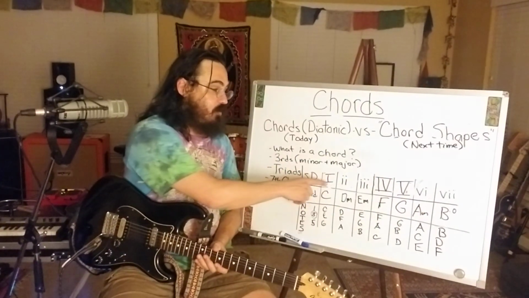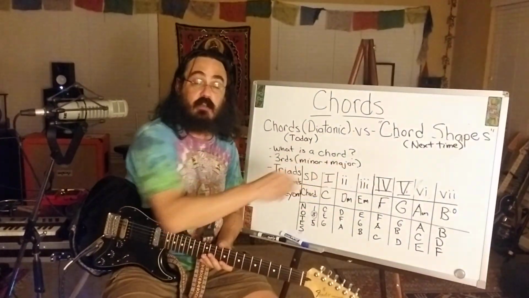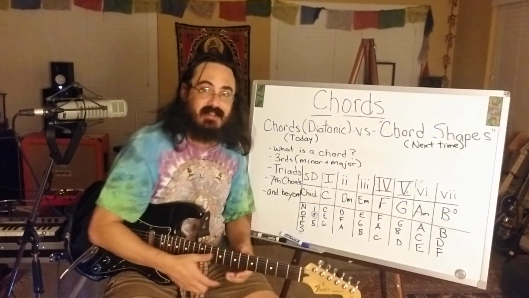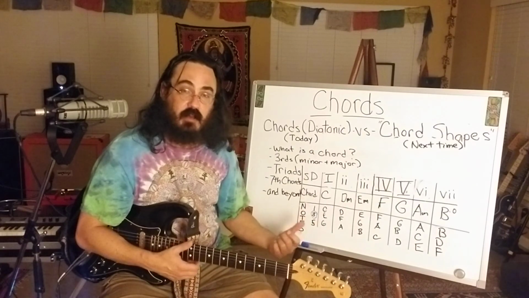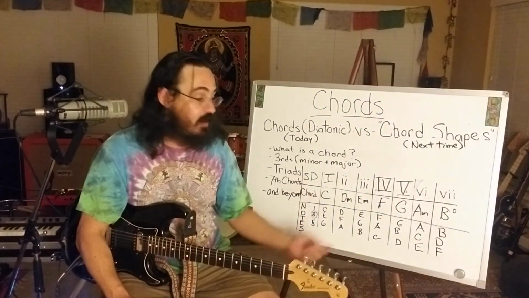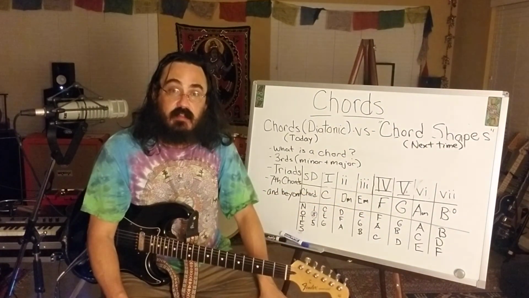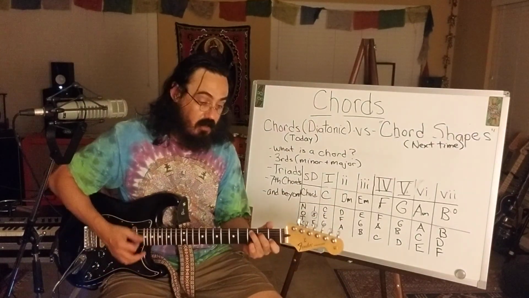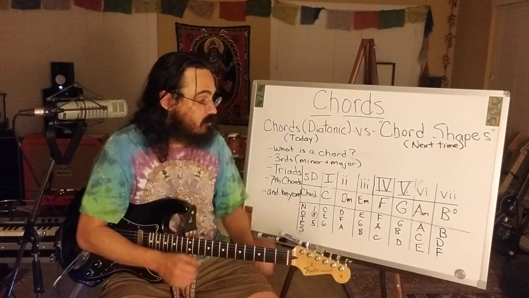So the 1 chord, the 2 chord, the 3 chord, so on and so forth, okay? And so just as F is the 4th note in the C major scale, so too is F the 4th chord in C major, thought about in terms of chords.